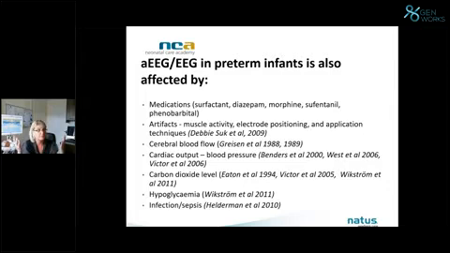Artifacts, just the same as in a full-term baby, muscle activity, electrode positioning can have an effect on the AEEG. Cerebral blood flow can have an effect. Cardiac output, again, can have an effect. Carbon dioxide levels absolutely can have an effect. Hypoglycemia, all of these things can have an effect on the preterm AEEG.